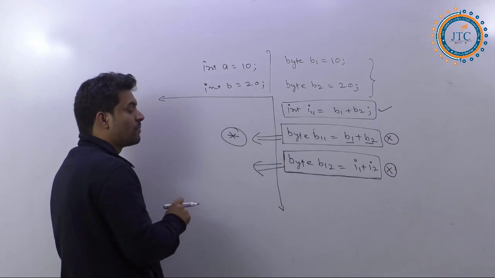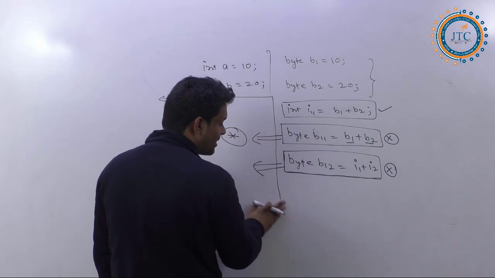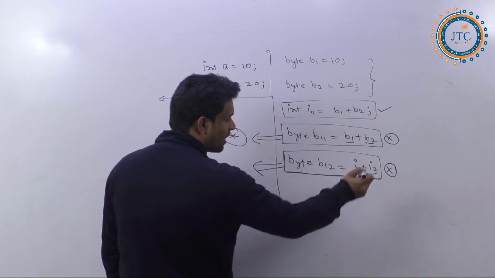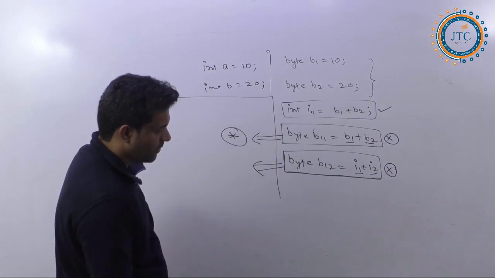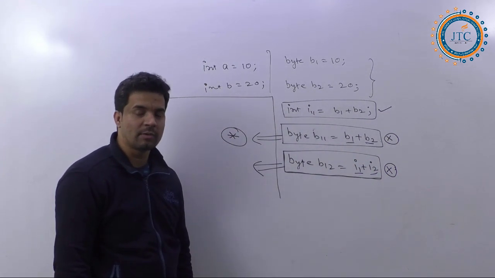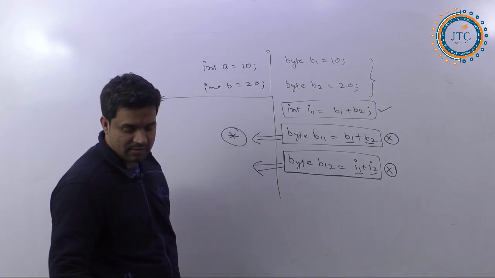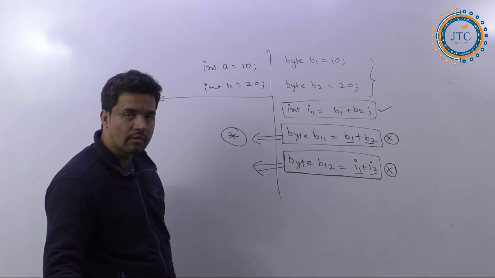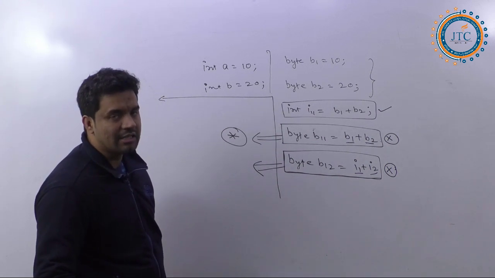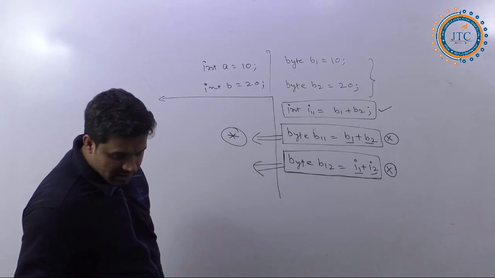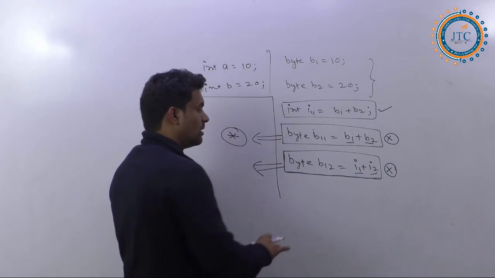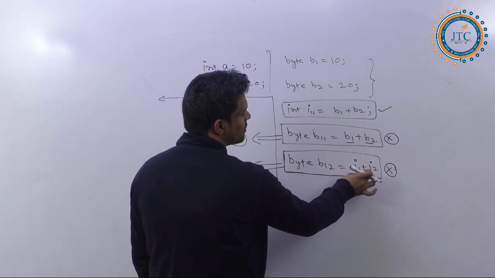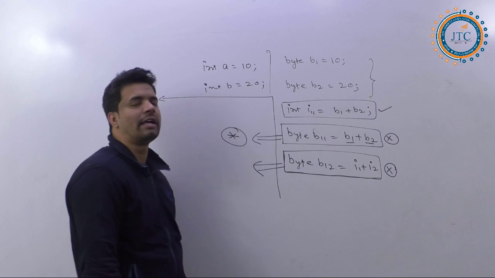At the same time, when I am writing here byte of B12 is equal to I1 plus I2, in all these different forms, you can give a very clear reason for it.